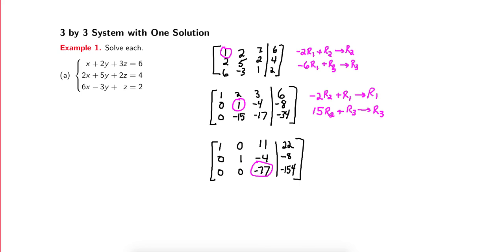So we take the third row and divide it by negative 77, which is the same as multiplying by 1 over negative 77. And we can store that as our new third row. So let's do that. All right, so we get 0, 0, negative 77 divided by negative 77 is 1, and negative 154 divided by negative 77 is 2.